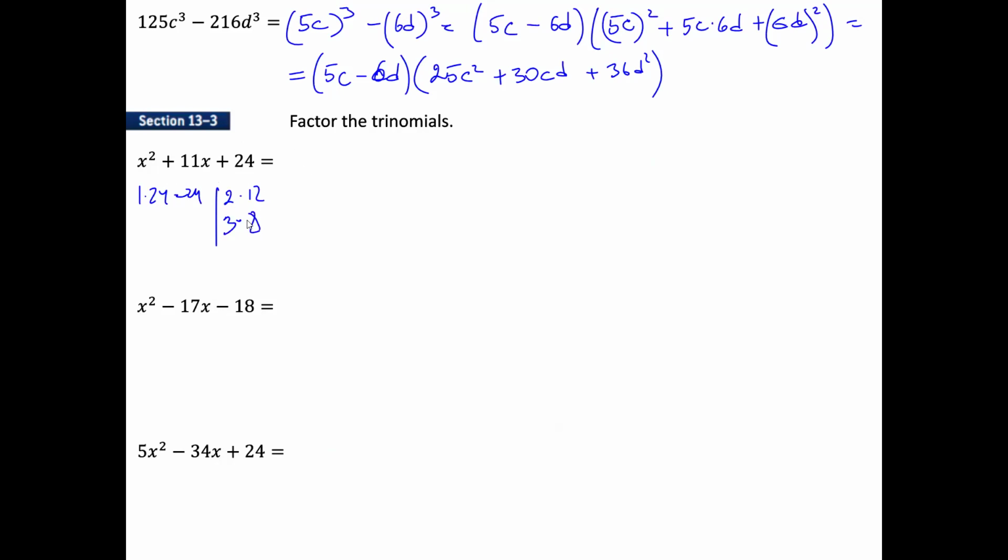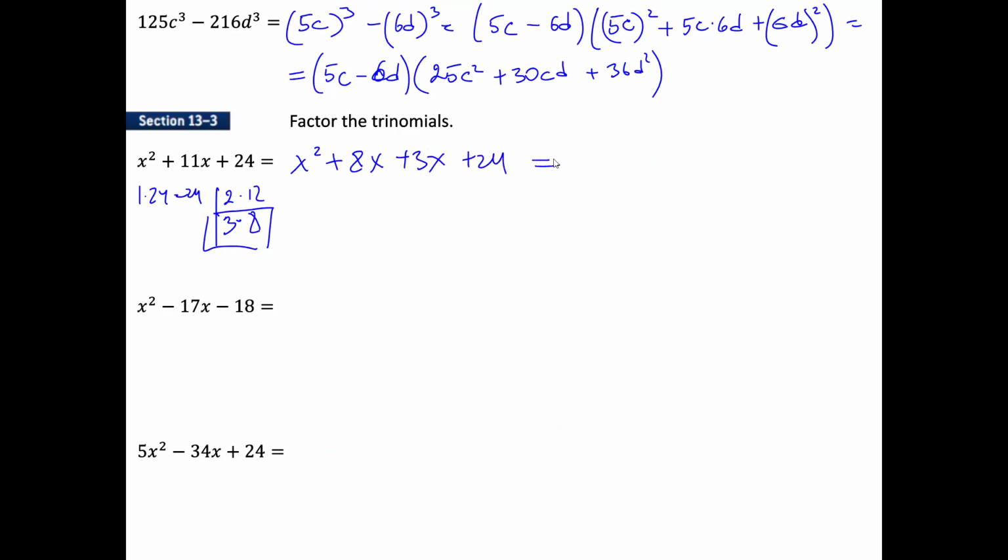Yeah. So that's the pair I need. Therefore, I put x squared. Now I have positive 11. How can I create positive 11 from two numbers, 3 and 8? Add them up. So again, the first term, the one with the highest absolute value, and the second one.